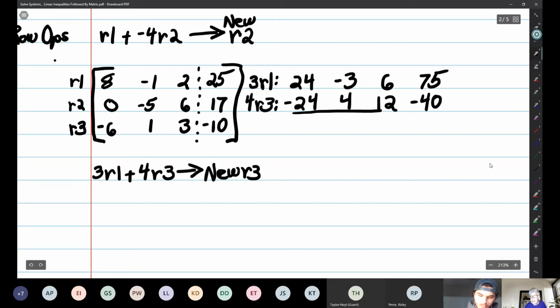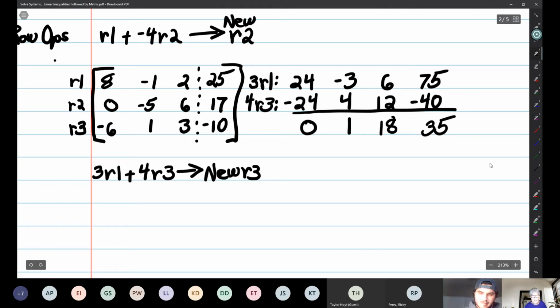And then I add vertically. 24 plus negative 24, or 24 minus 24, is 0. Negative 3 plus 4 is positive 1. 6 plus 12 is 18. And 75 minus 40 is 35.